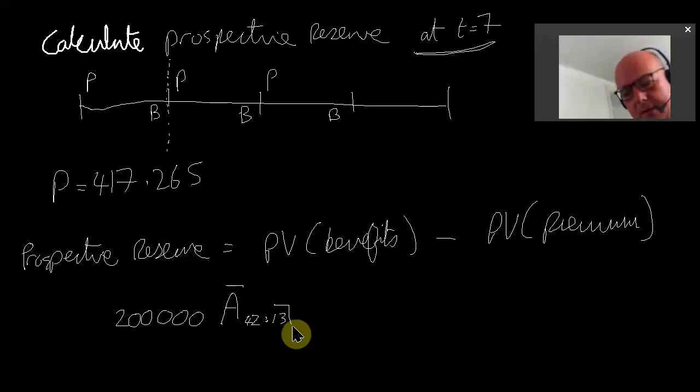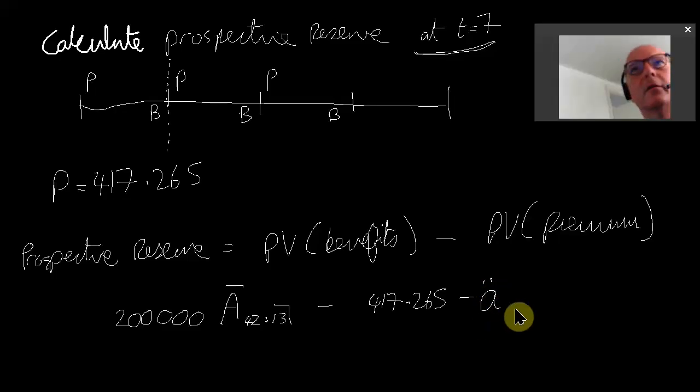I'm ignoring the expenses again now, and we have to take off the present value of the premiums, which is 417.265 times the annuity due, and again it's 42, 13. Okay, and that's it.